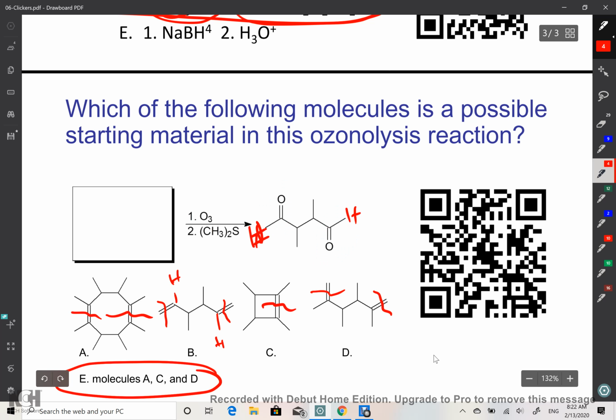That's why B is wrong. Does that make sense? B gives you the aldehyde instead of the ketone, so the correct answer is E: molecules A, C, and D.